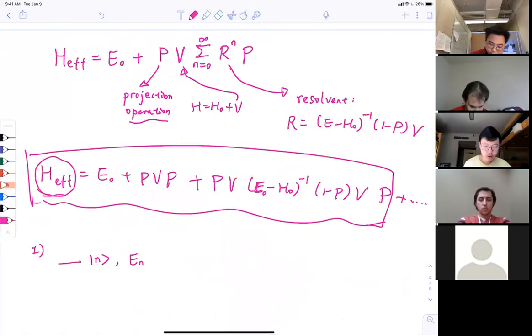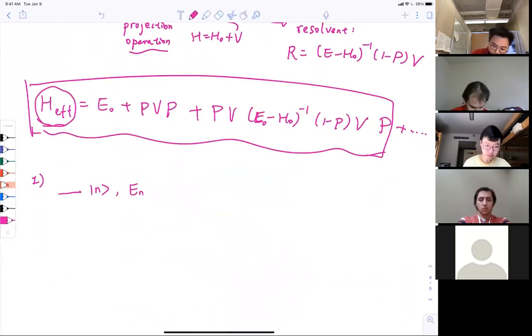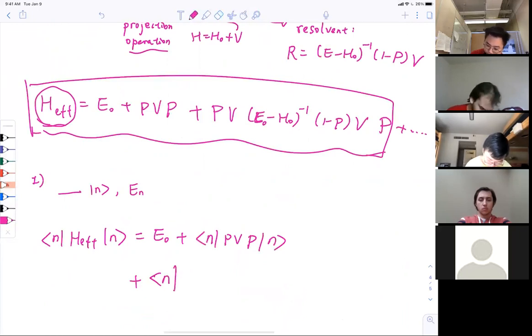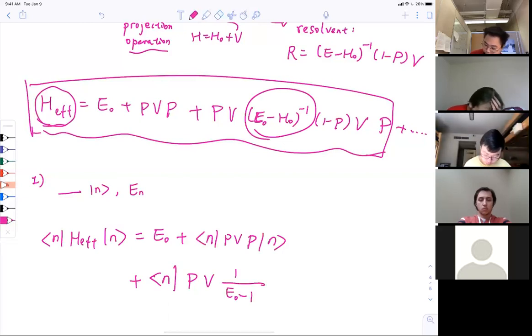Let's say the effective Hamiltonian equals E naught plus PVP n plus PV. This you can of course write in this form.